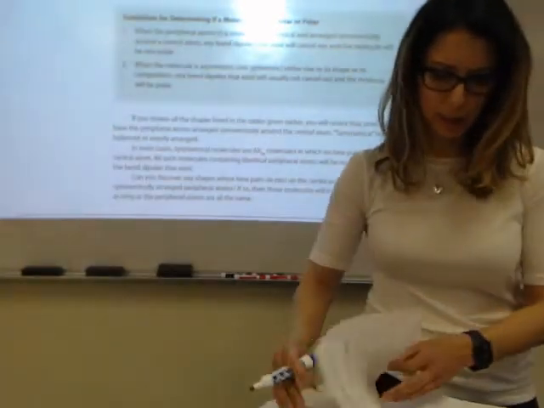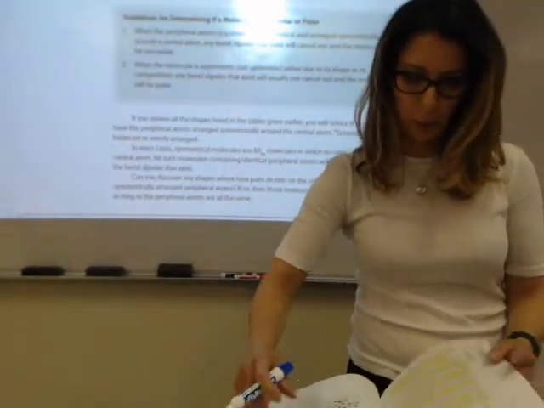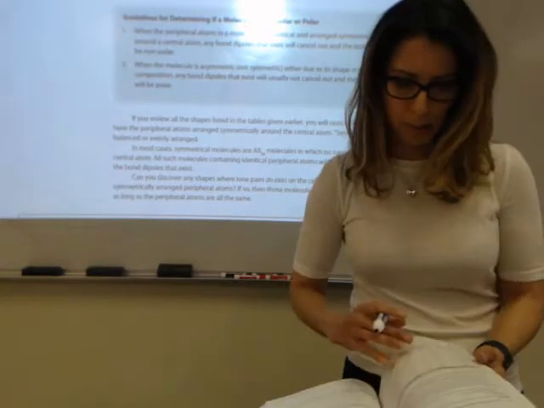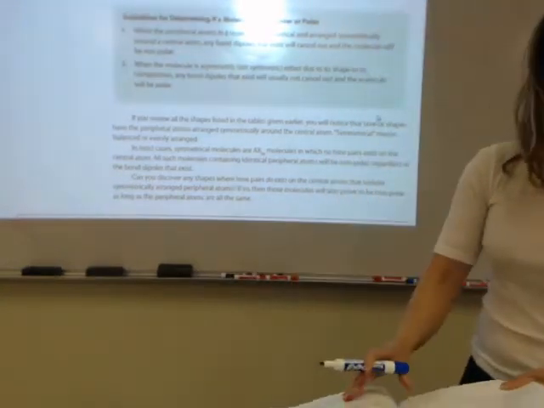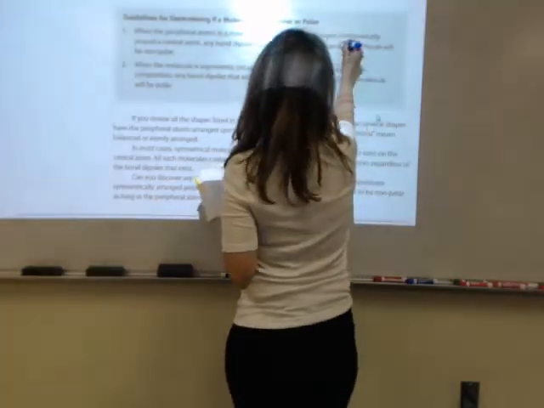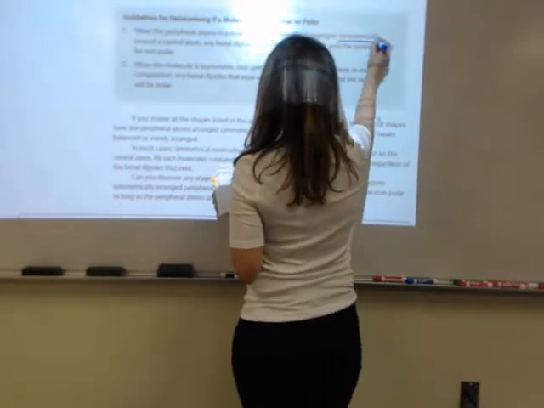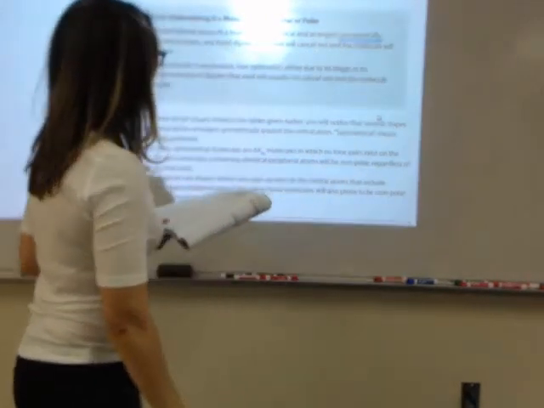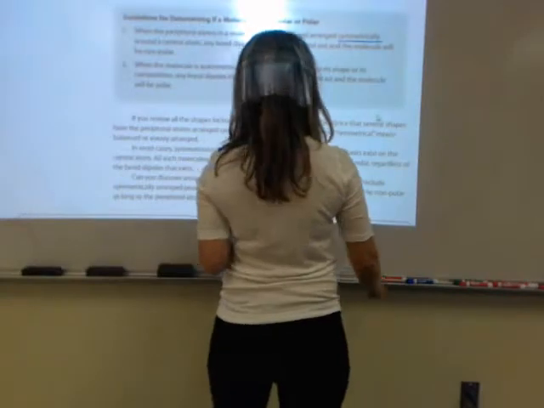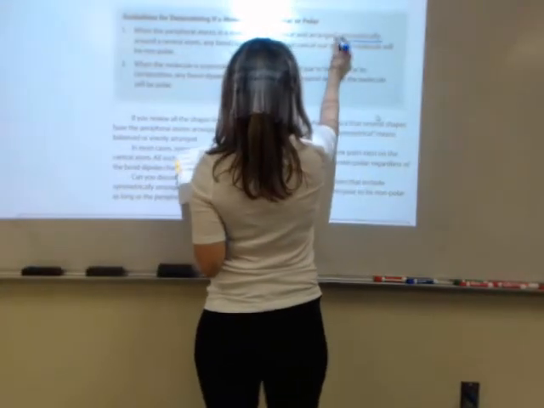The first one says, when the peripheral atoms in a molecule are identical and arranged symmetrically around the central atom, any bond dipoles that exist will cancel and the molecule is nonpolar. Well, how do you know if it's symmetrical?